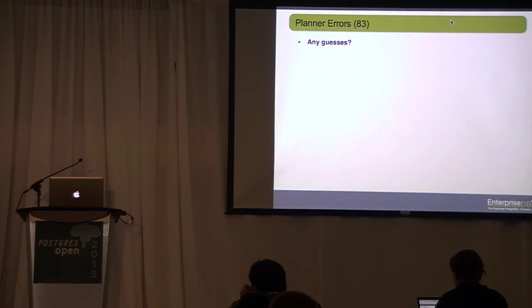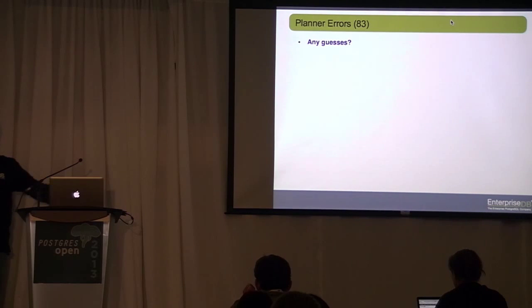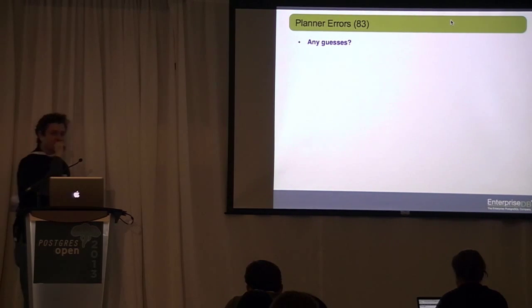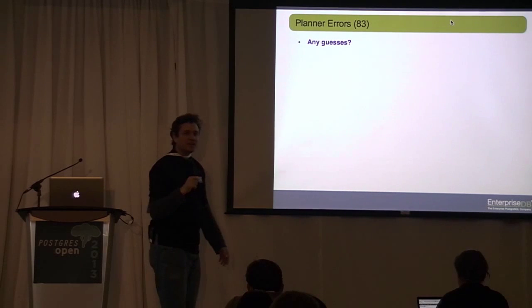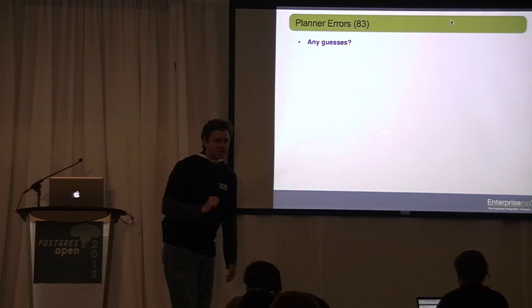So if you haven't previously seen these slides, take a guess at what the big items in this category are. Anybody want to take a guess who doesn't already know what the next 3 slides say? Greg? Correlated columns and index selectivity.